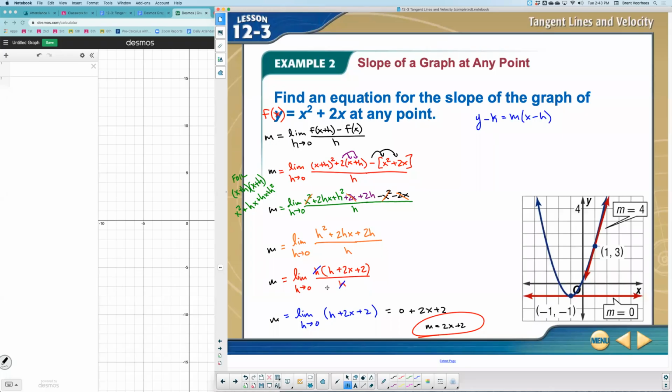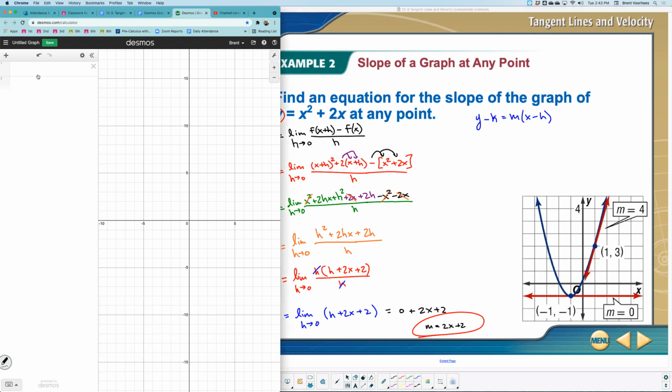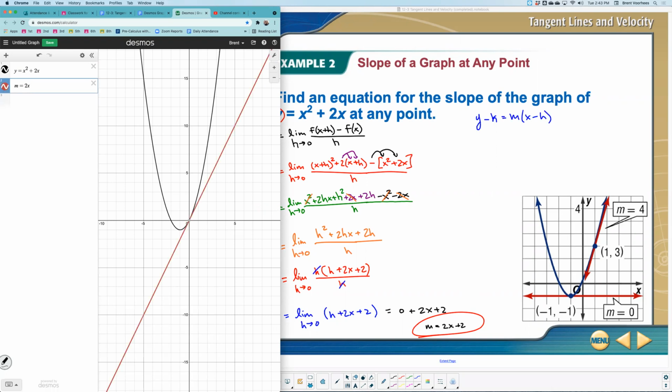Okay, now let me show you graphically what's going on here. Now that we know the slope, I'm going to graph this function, y equals, sorry, x squared plus 2x. And that's the function itself. And we said that the slope, or the instantaneous rate of change, can be determined using the formula m equals 2x plus 2.